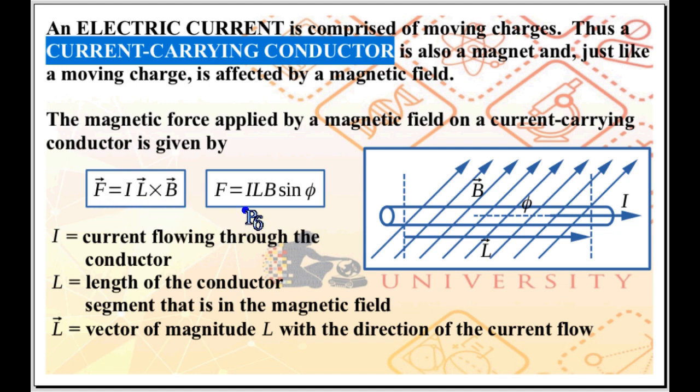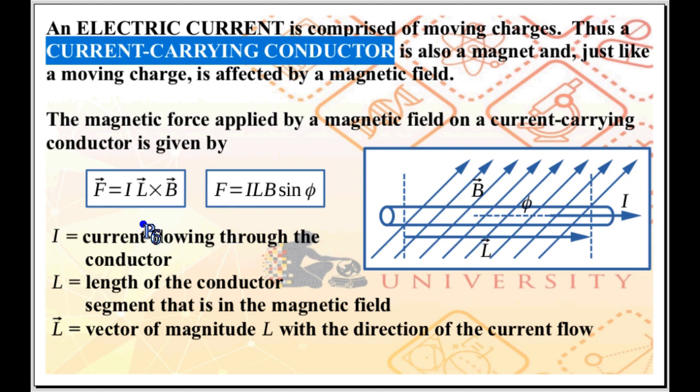Magnitude of the magnetic force F, as per vector multiplication, as per cross product, is given by F is equal to ILB sine phi. Current I, length L, magnitude of the magnetic field B, and phi is the angle between vector L and the magnetic field B. F is equal to ILB sine phi is the magnitude of the magnetic force applied by the magnetic field on the current carrying conductor.